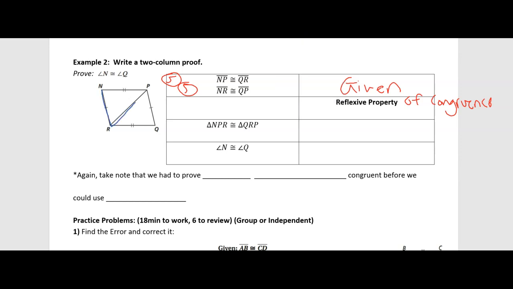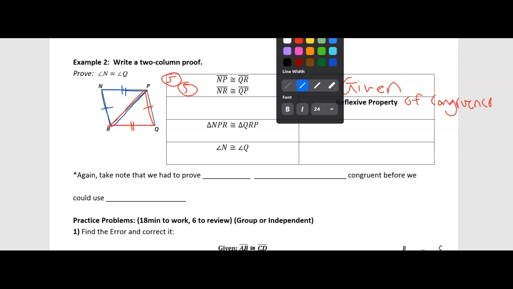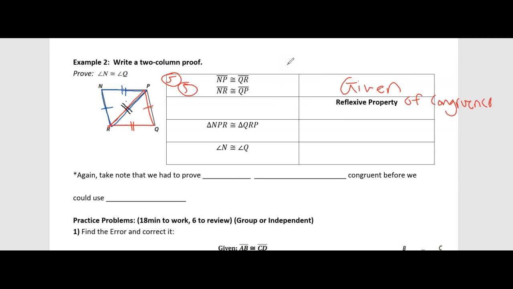So if I have a blue triangle and I have a red triangle, they both share side RP. So I could put 3 tick marks there and say that RP is congruent to itself. You could, of course, say PR is congruent to PR. And this is another little s.